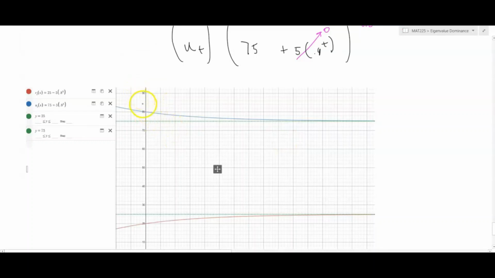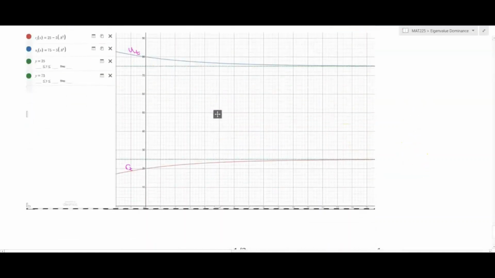Once again, this is our urban population at time t, this is our rural population at time t, and our horizontal axis is time, even though we're using x in place of time, because Desmos doesn't recognize t as a variable. And so we see that steady state is definitely achieved.